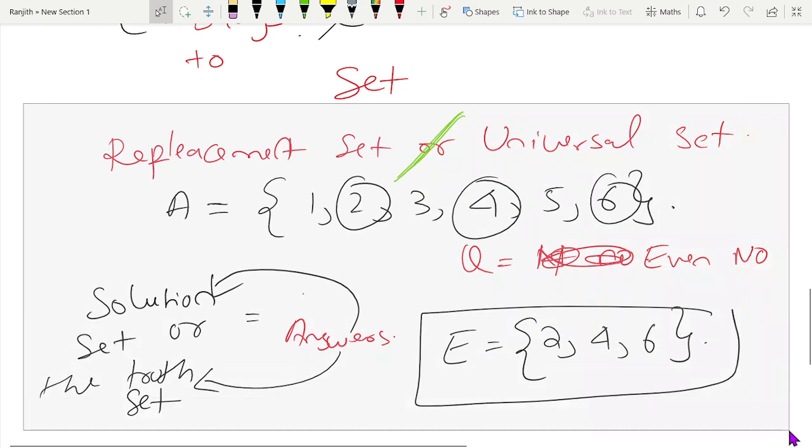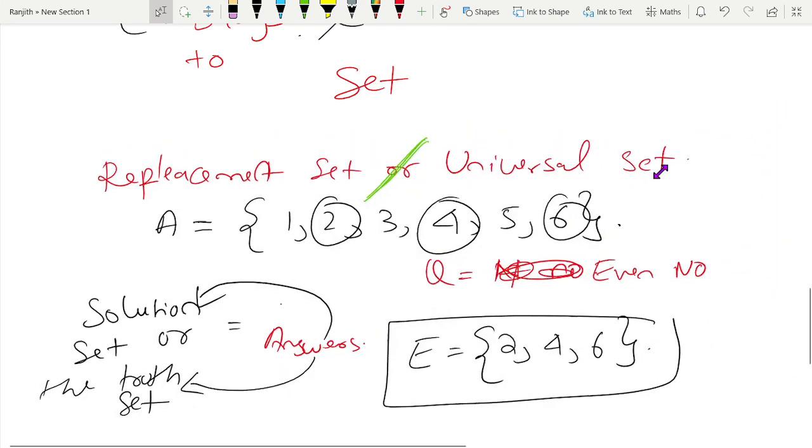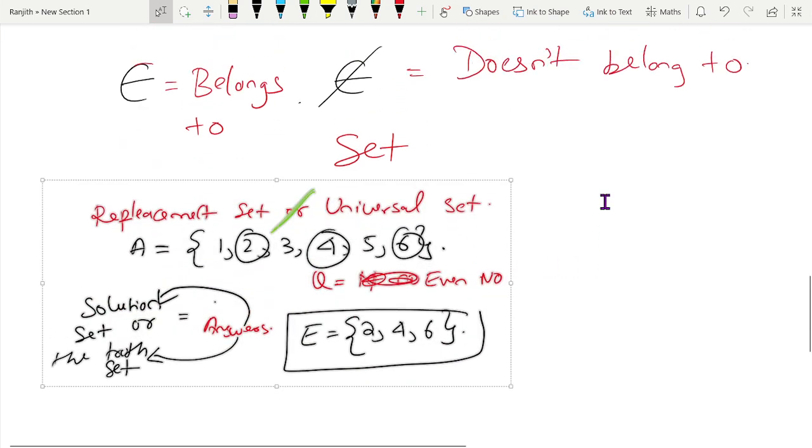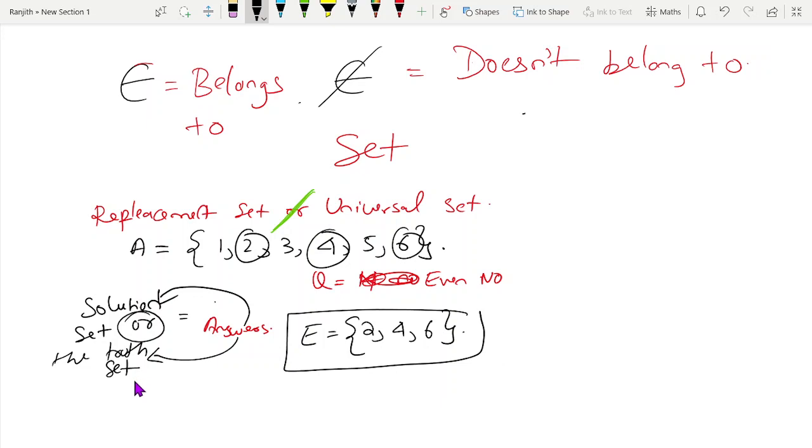Understood the concept of replacement and solution? Only these two are important from the set's point of view. Is it the solution set or the truth set? Both, solution set or truth set. Truth and false. See, this is according to the question.